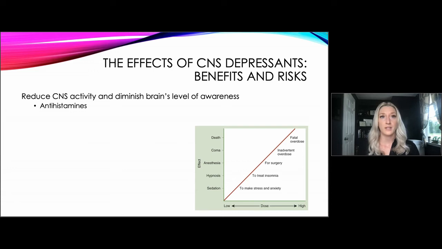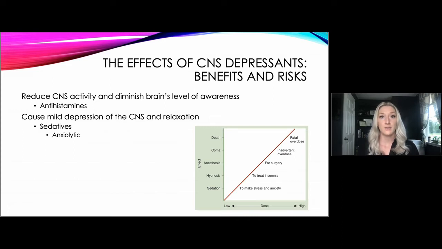So what are some of the effects that CNS depressants have, looking at benefits and risks? So the first is that they can reduce CNS activity and diminish the brain's level of awareness. So when we look at antihistamines, these are over-the-counter allergy medications or even sleep aids. They can also cause mild depression of the central nervous system and relaxation.